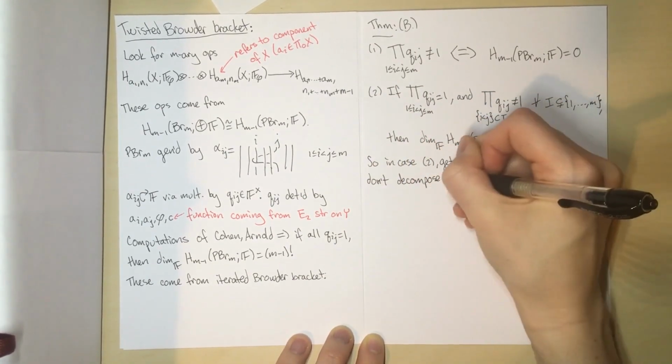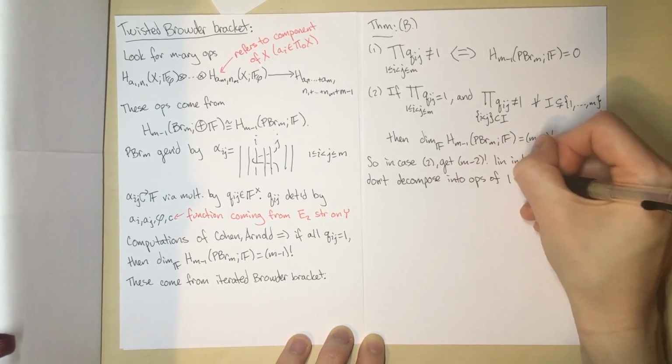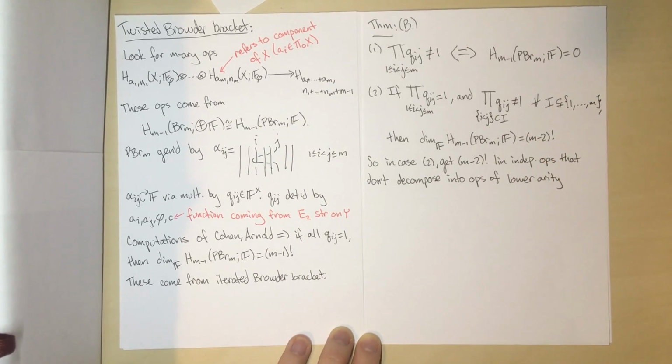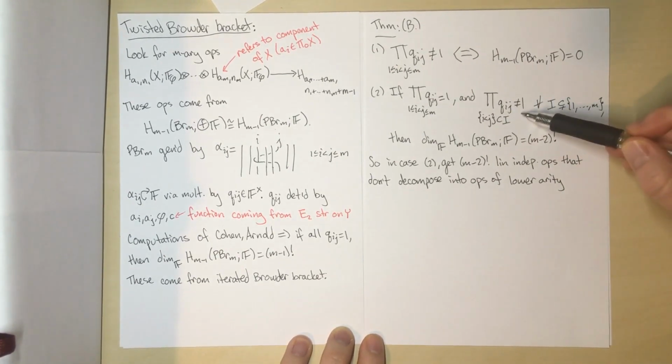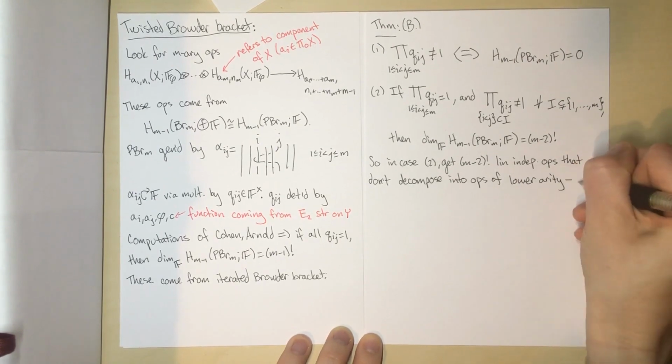This is a bit surprising, actually. Why we know that they don't decompose is because if we tried to define an operation that used only a subset of the inputs, we would need one of these subproducts to equal 1 in order to get something non-zero by the first part. So because of this assumption, we know that our operations don't decompose.